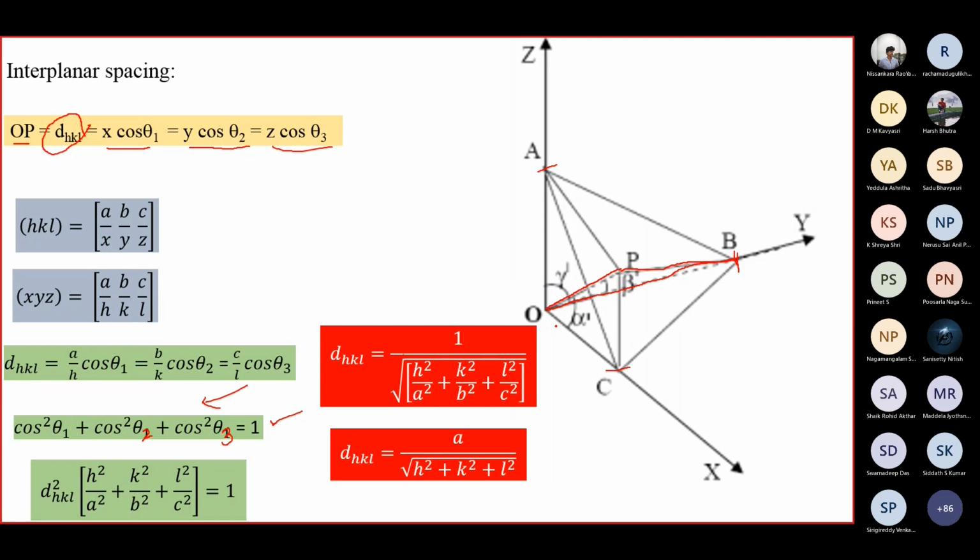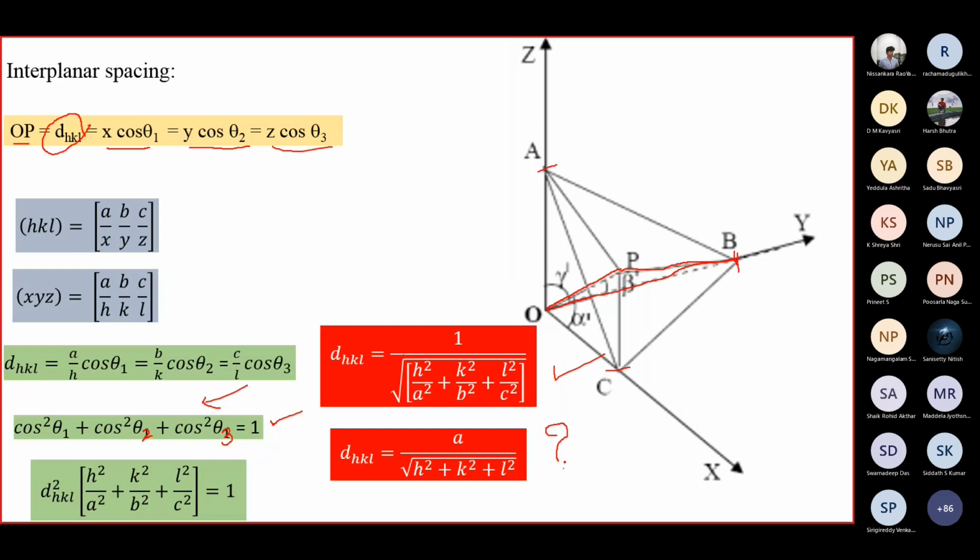Yes, sir. This is for simple cubic. But if you are asked for a plane in a system where a, b, c are not equal, you should not use this formula. Be careful when you use it. Only if it is a cubic cell, or only when a is equal to b is equal to c, you can use this formula. Otherwise, not. Be careful with it.